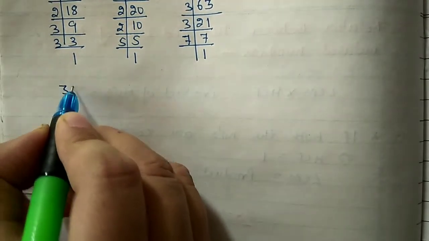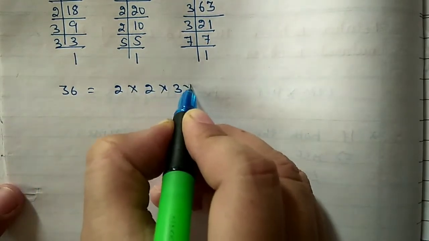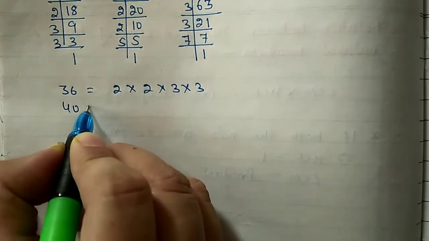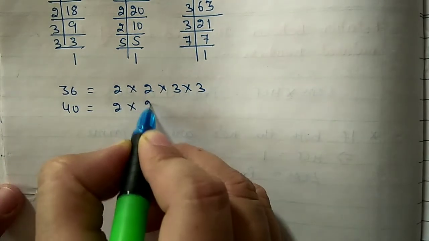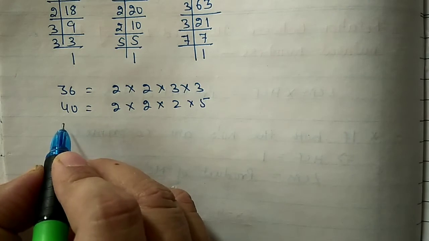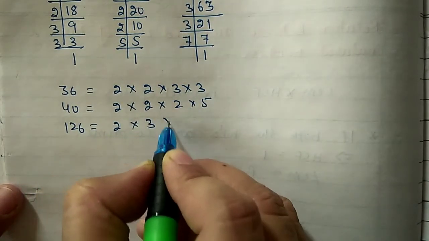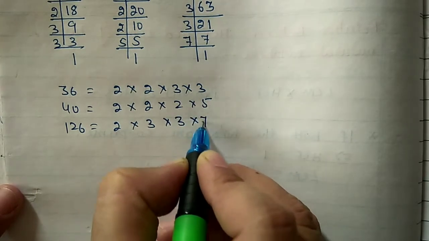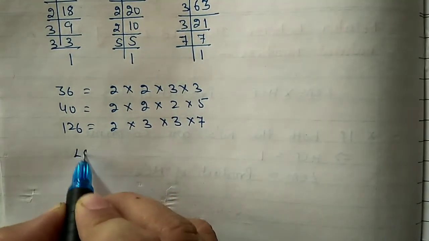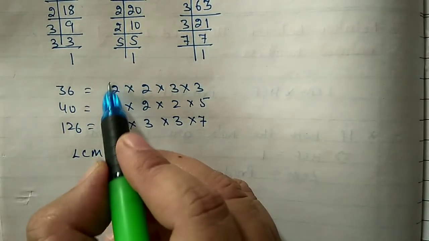Next, 36's factors are 2 into 2 into 3 into 3. 40's factors are 2 into 2 into 2 into 5. And 126's factors are 2 into 3 into 3 into 7. So to find out the LCM, first we will take out the common term from all the 3.